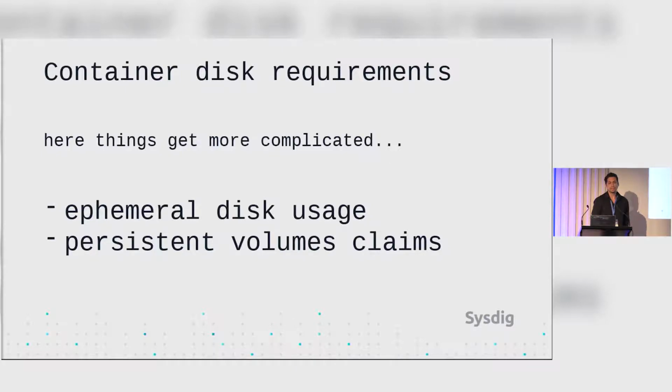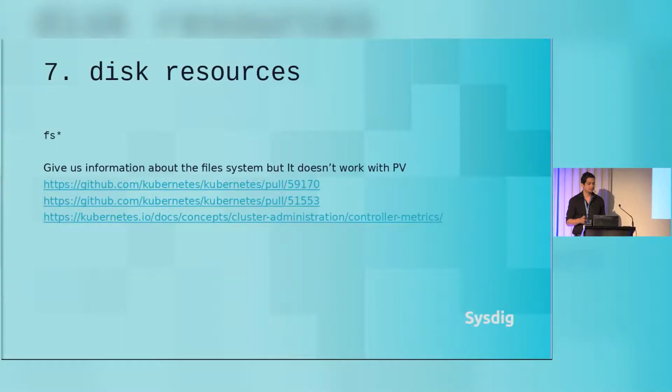Also, monitoring ephemeral disk usage and persistent volumes are other metrics you will need for these resources. Persistent volumes are a bit tricky to monitor with Sysdig at this point, as with any other tool. You can see the challenges in this post. For other types of file systems that are mounted in the container, you can actually get it from Sysdig using the FS.